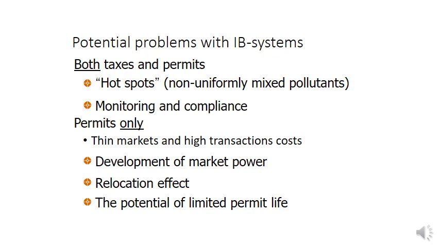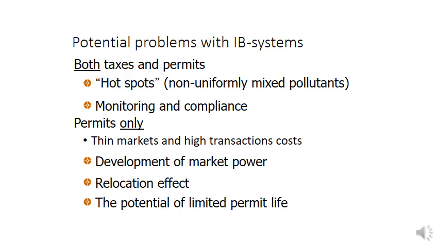So it looks like some of these market-based systems, these incentive-based systems, are effective at reducing pollution, either by taxing firms or creating a market for permits. But that doesn't mean that these are perfect systems. Something that might be problematic within an incentive-based system, either taxes or permits, has to do with the type of pollution we're emitting.